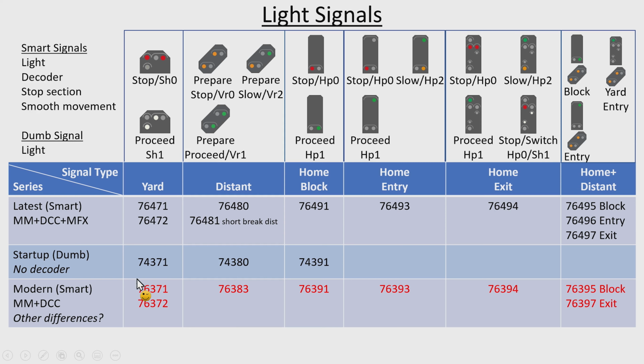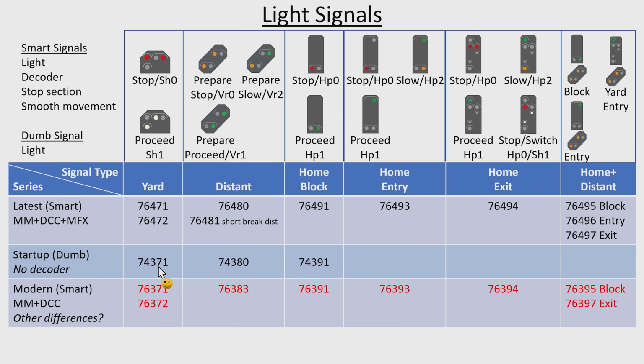Going back to the startup decoder, so the middle row here, or the startup signals, sorry. The startup signals basically only have very few variants, because in essence the idea with these is to have them more for the startup series, for entry, for people easily to get going.